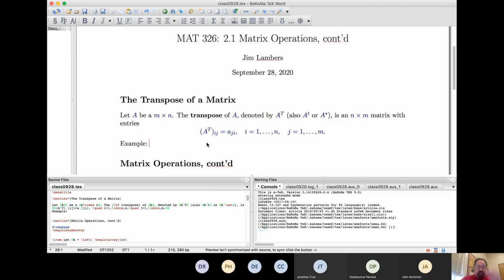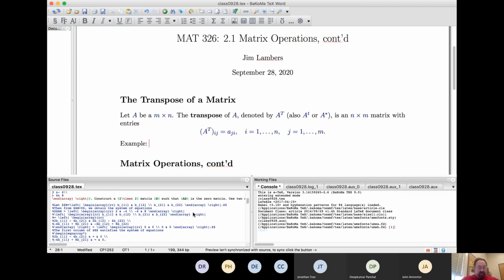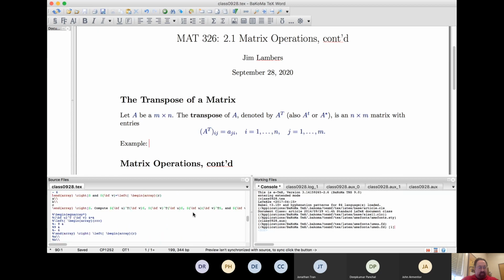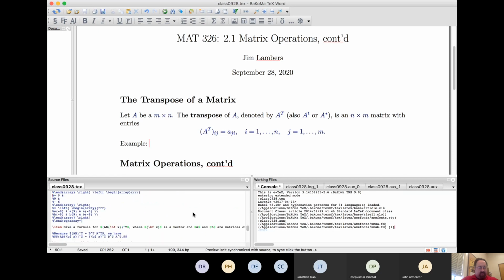I'll just take a matrix from one of the problems. I like to find one that's not square.